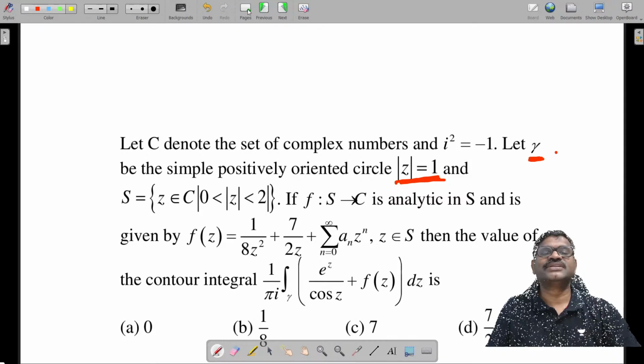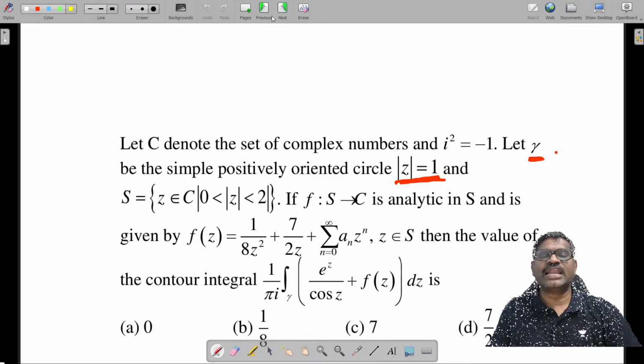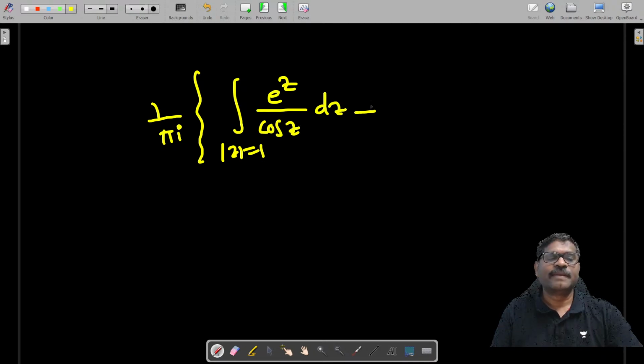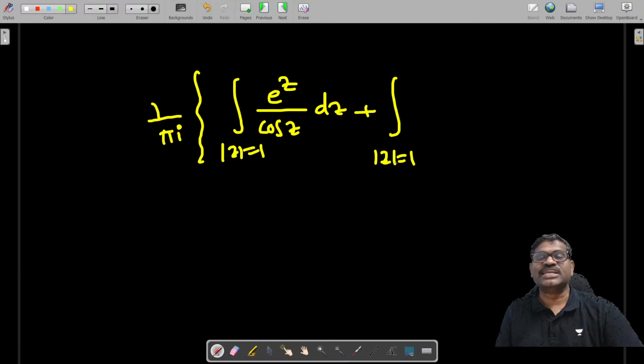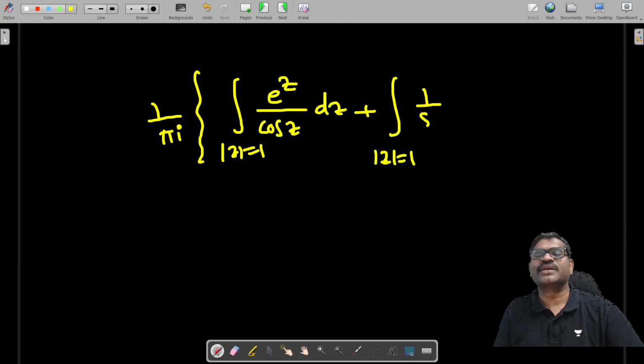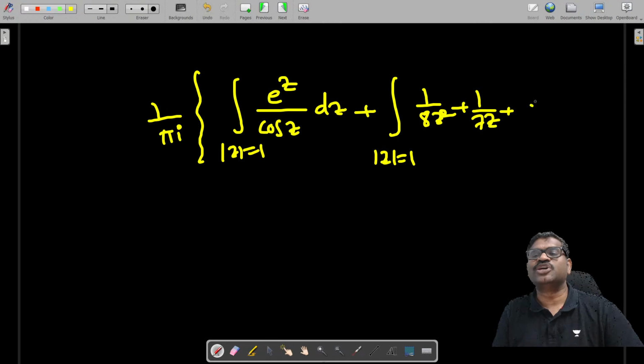This is nothing but 1 by pi i integral over mod z equal to 1 of e power z by cos z dz, plus integral over mod z equal to 1 of f of z dz, where f of z is 1 by 8 z square plus 7 by 2 z plus sigma n equal to 0 to infinity.